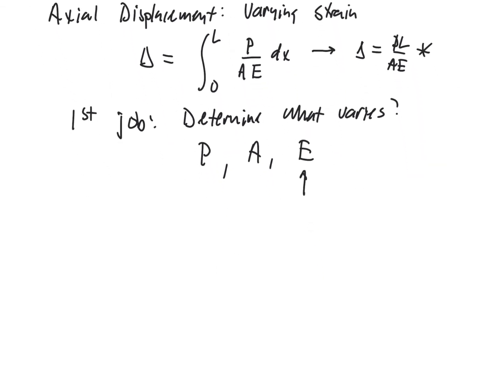And so what we're going to do is introduce a type of problem where we do have that and see how to treat it. And almost always, in fact, I'll say the second job is going to be to set up and evaluate some sort of integral.